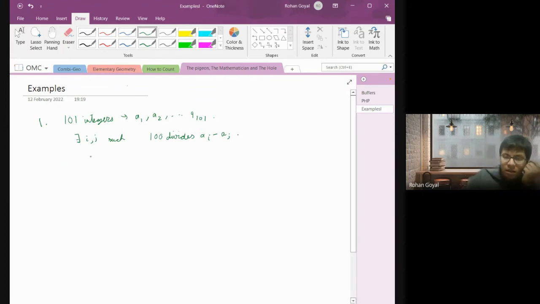Let Ai and Aj leave the same remainder, by PHP. Then 100 divides Ai minus Aj.